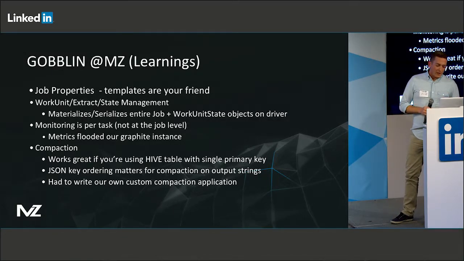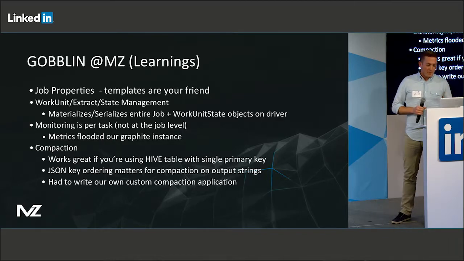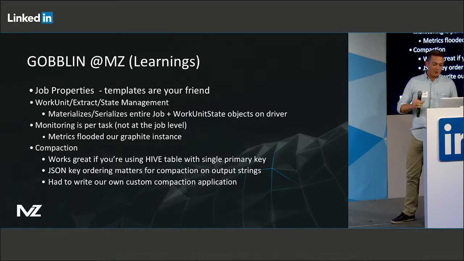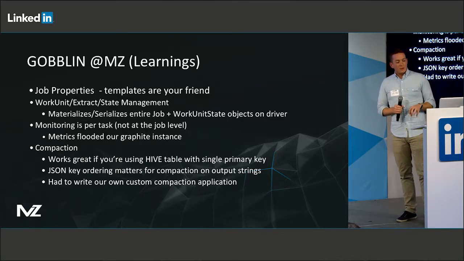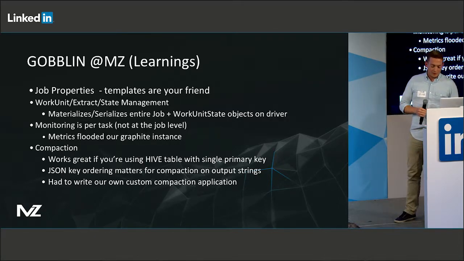So some of the learnings we had: job properties templating was not initially implemented. It came in 0.7, I believe. So that helped us a lot once we had so many job files; templates really helped us manage the properties well. One thing we really didn't like about Goblin was that when you initially start a job on the Hadoop cluster, on the driver, it materializes all of the work unit states in memory.